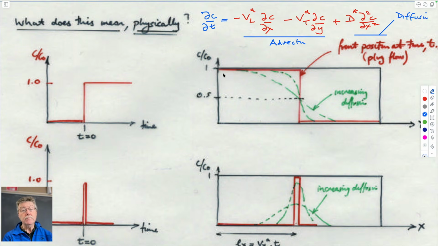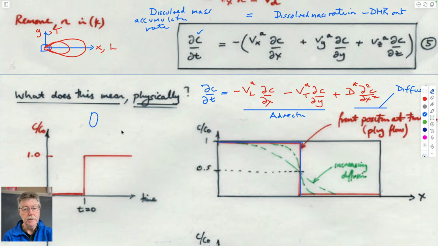The advection term is what gives you this sharp front. If, for instance, this term d star is 0, then you'd get absolutely a sharp front for one-dimensional flow. So I know I said that we should think about it in plan view, but let's think about it in the same flow domain that we had before.